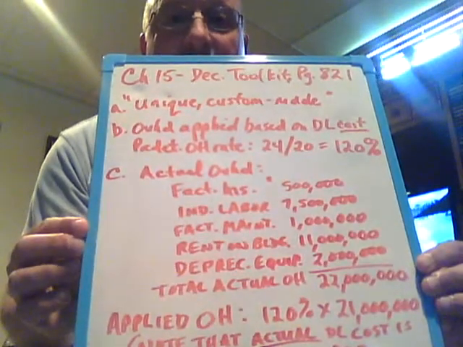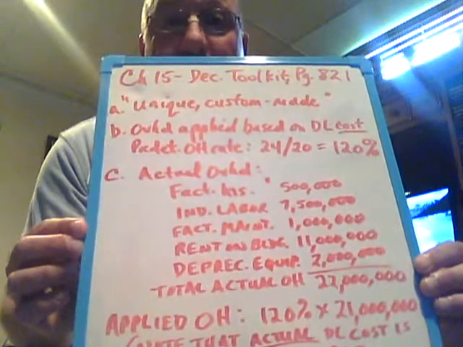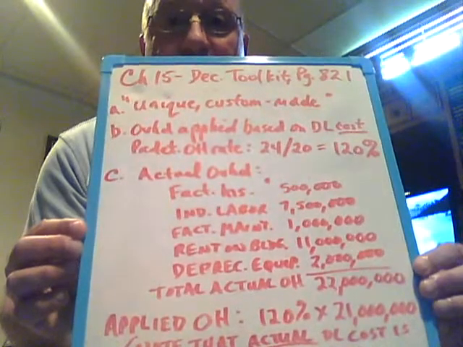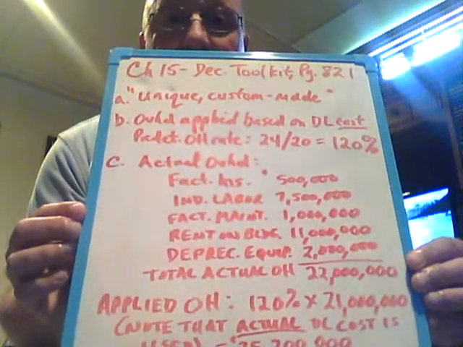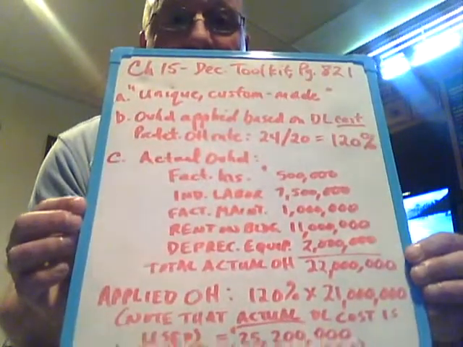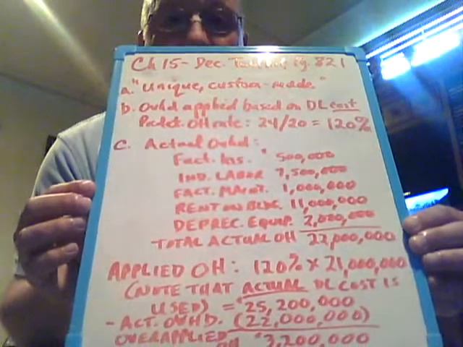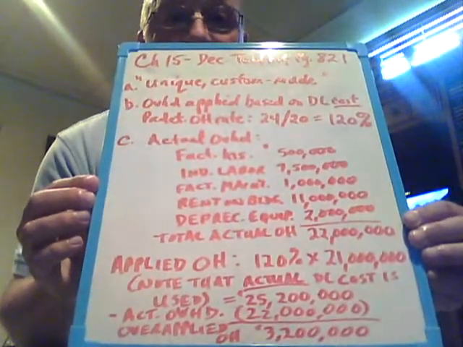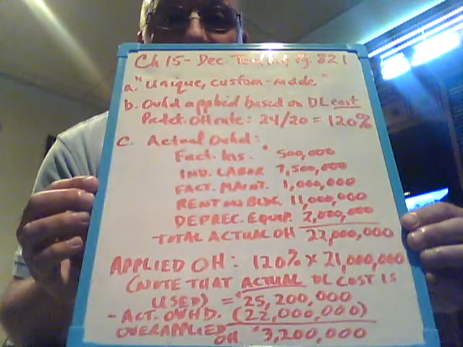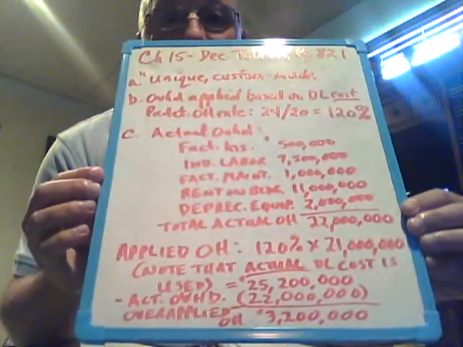When you're actually applying the overhead, you're applying it to the actual direct labor cost. So you're taking the 120% in this case times the 21 million of actual direct labor cost, and that gives you 25,200,000, which is greater than the actual overhead of 22 million by 3.2 million.